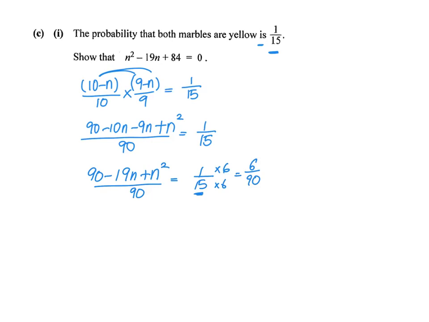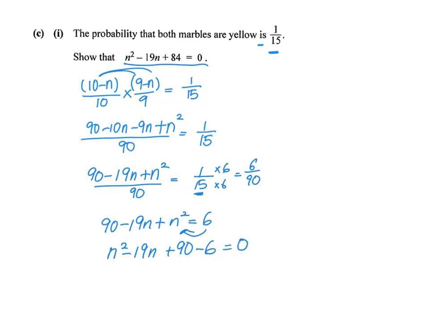So in other words, I can just say that 90 minus this is equal to 6. And we need to show that the equation is of this form, equal to 0. So we are going to rearrange our terms and shift 6 over, so it's negative 6. And we'll get what we need. Shown.